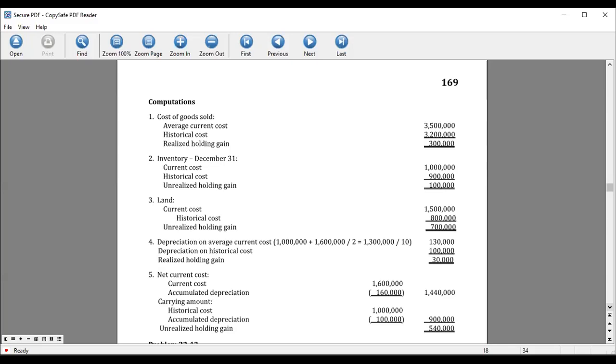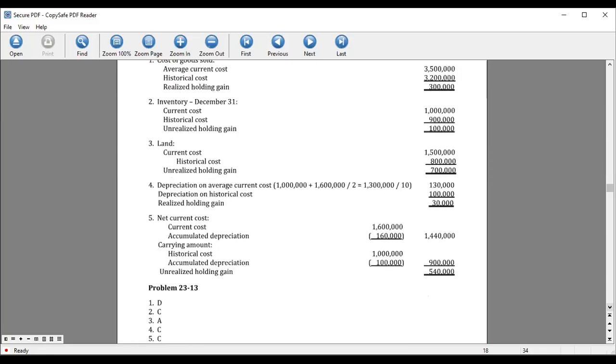So the average now is 1.3 million, and we divide that by 10. So we have the depreciation on average current cost of 130,000, on historical cost is 100,000. So we have a realized holding gain in the amount of 30,000. Now it's realized because this is already on depreciation expense.